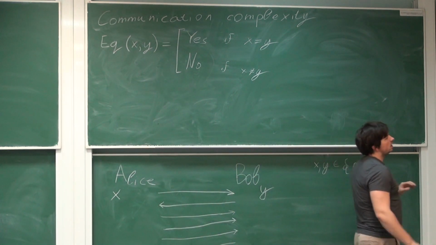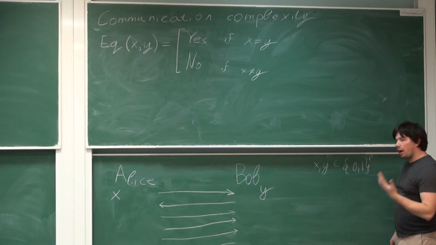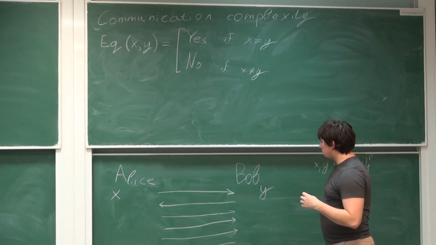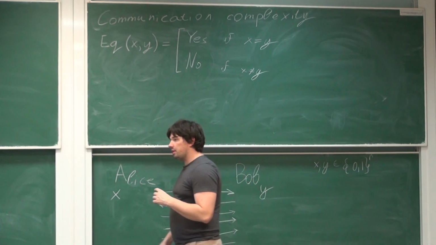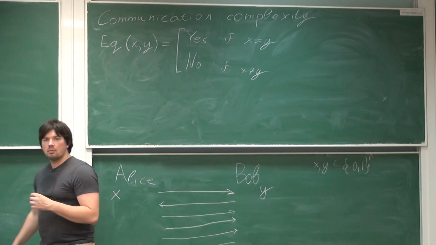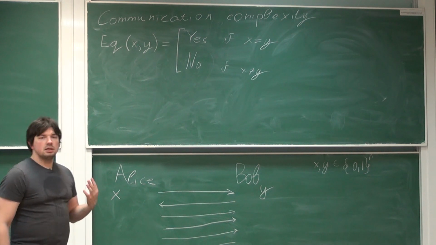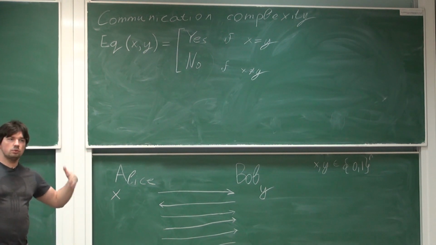All right, so one can imagine that you can do that in n+1 bits of communication. How? Well, Alice can just send the whole x to Bob, just one bit at a time.